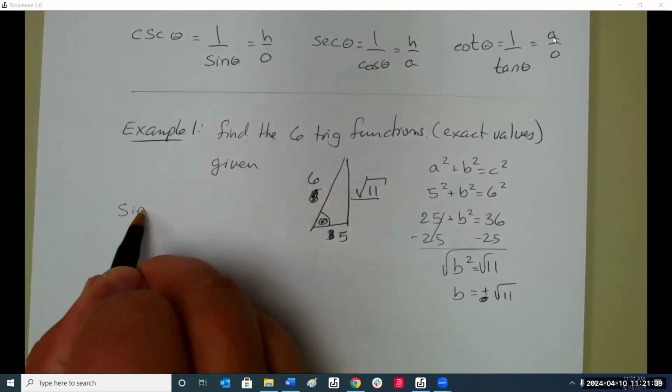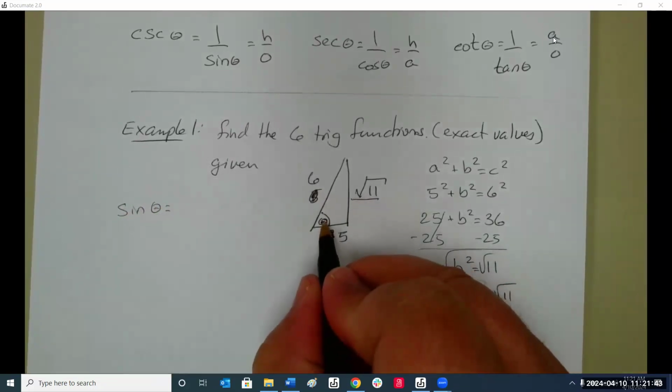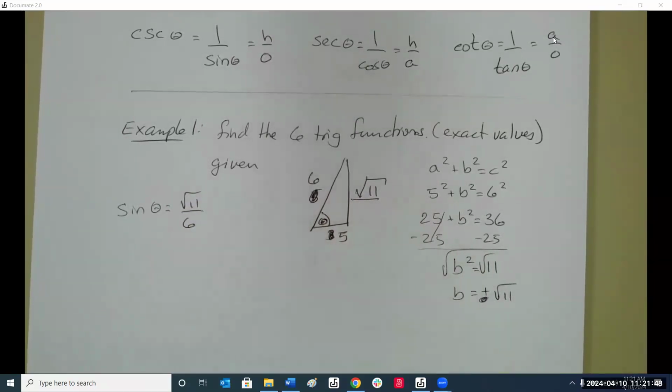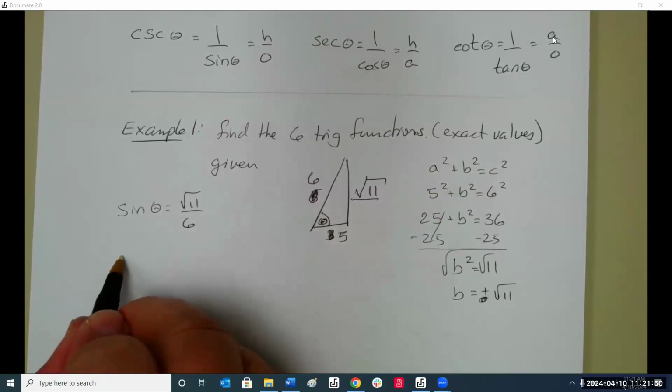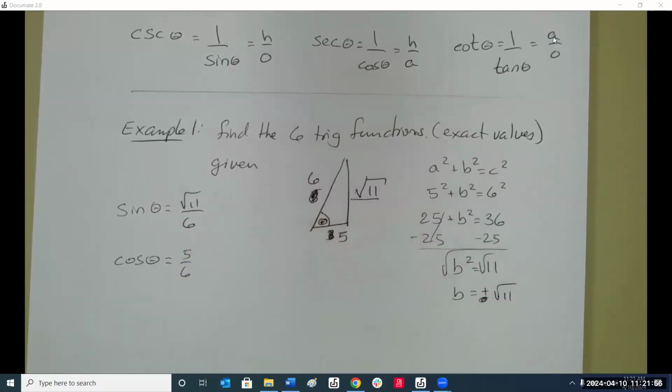So the sine of theta is, here's theta, the opposite is square root of 11 over 6. The cosine is the adjacent over hypotenuse.